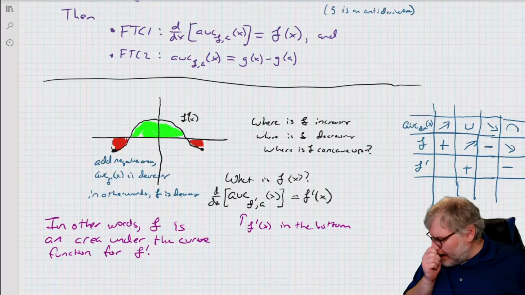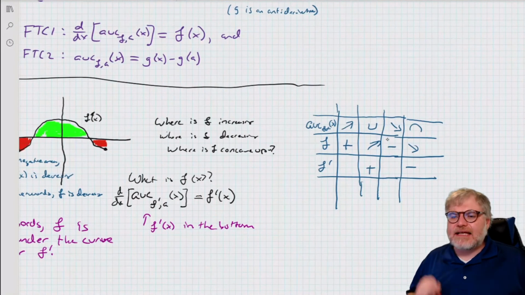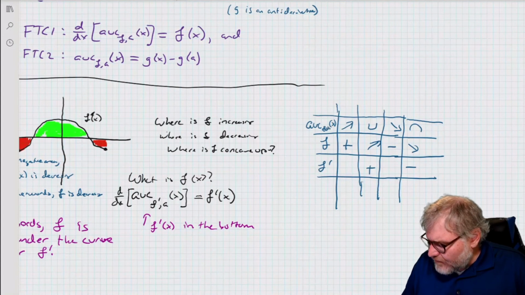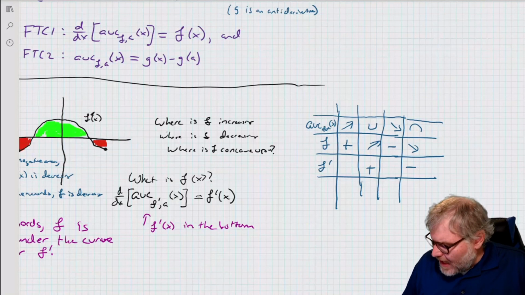So I can view AUC as something, remember we had this idea in module 3, I can think of AUC as the function that would go on top. If this is F and this is F prime, I can think of AUC just sticking on here. When F is positive, AUC is going to be increasing. When F is increasing, AUC is concave up.